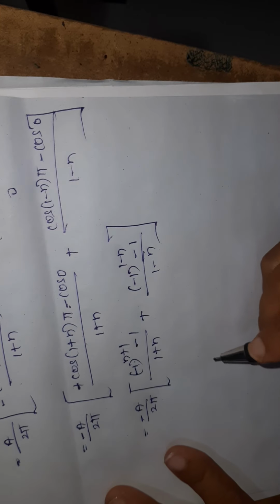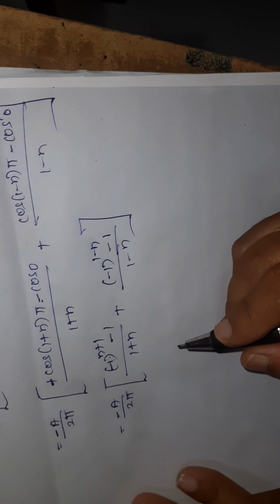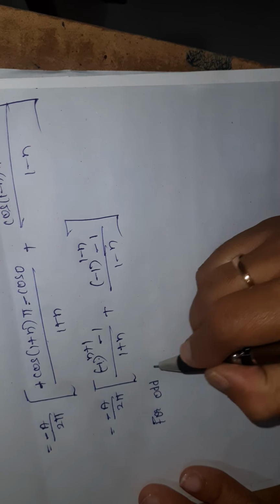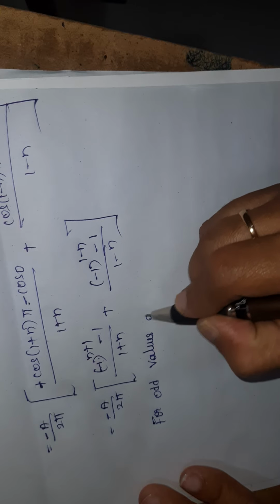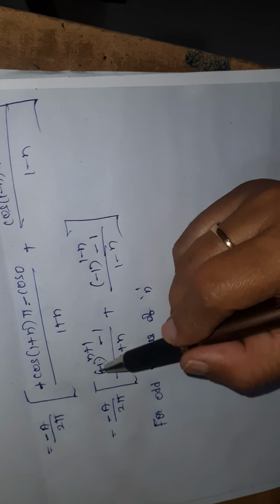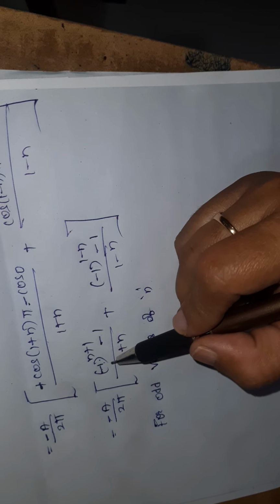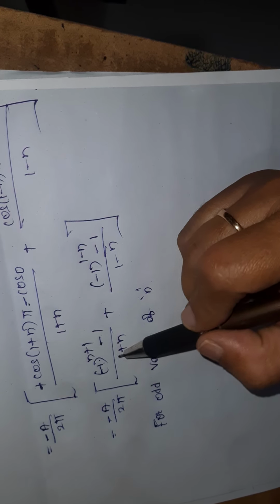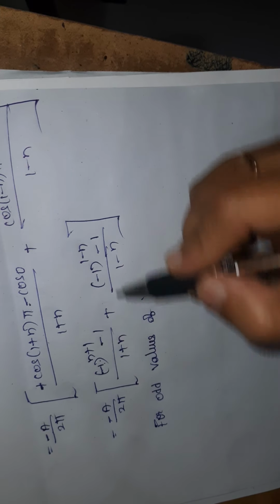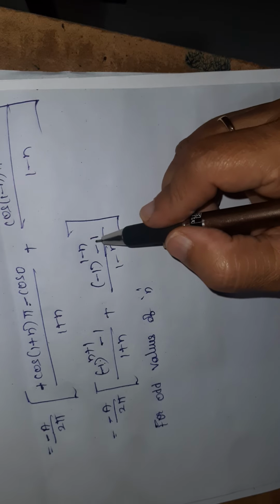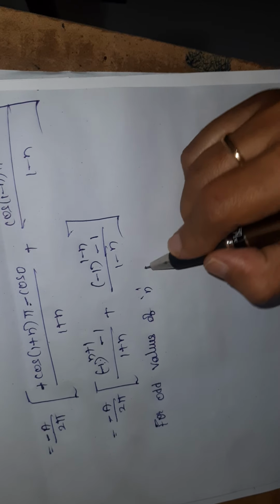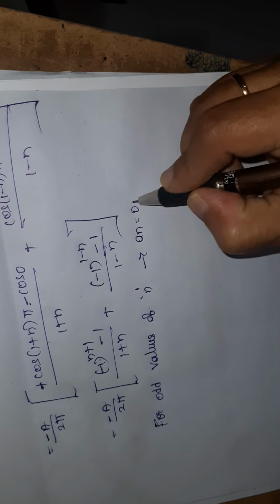So now, for odd values of n, okay, I already told you, if n is odd, I will get plus 1, right? So here 1 minus 1 is 0, and here also 1 minus 1 is 0. This total term will become 0, that is an is 0.